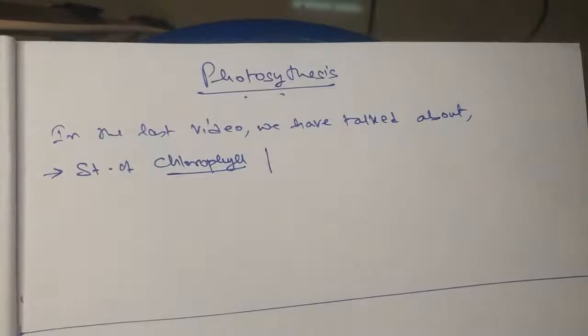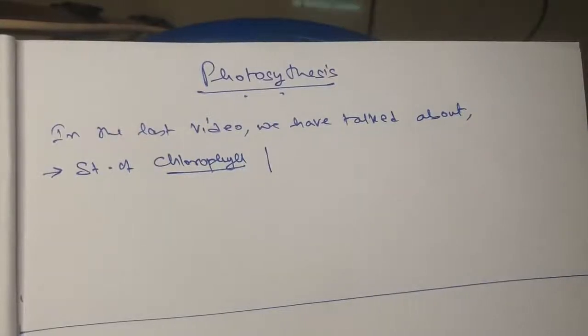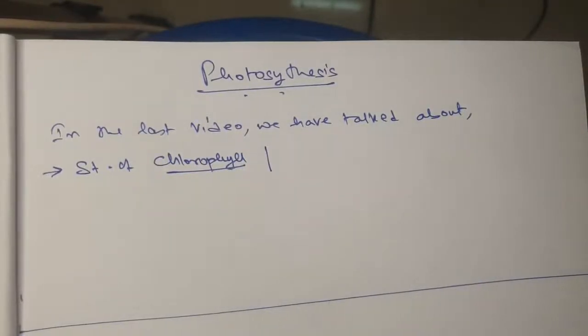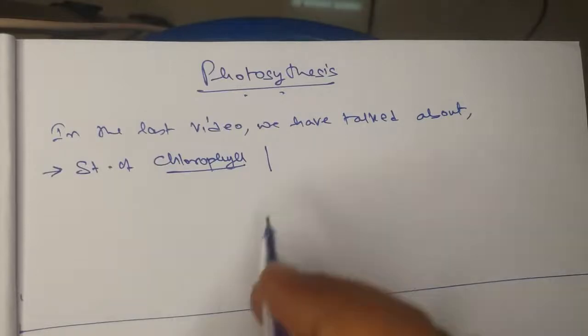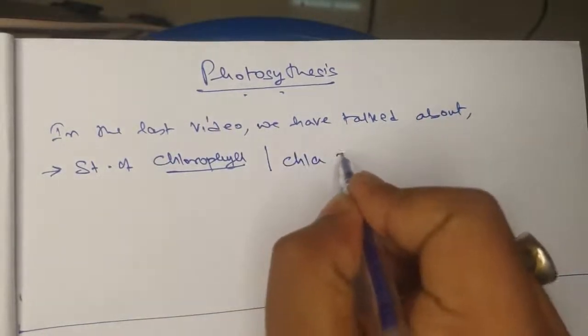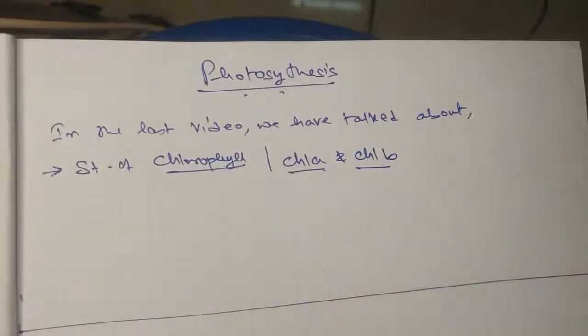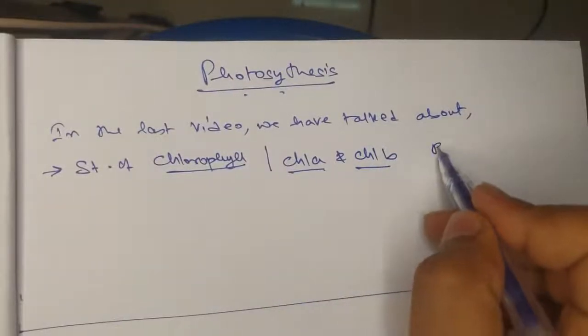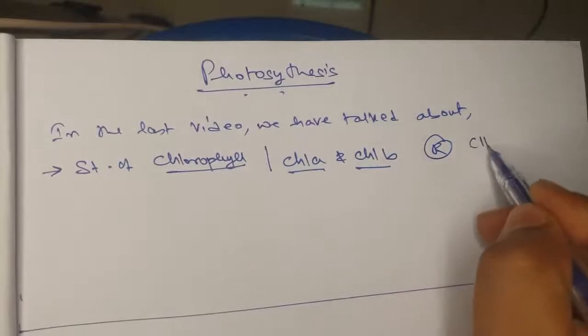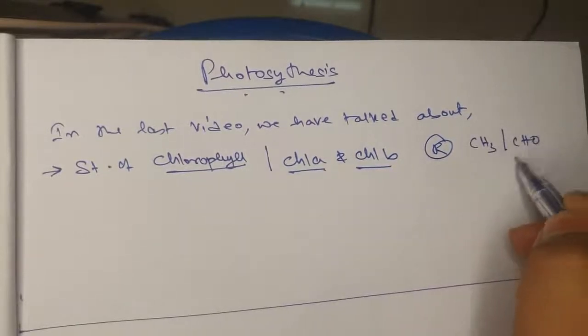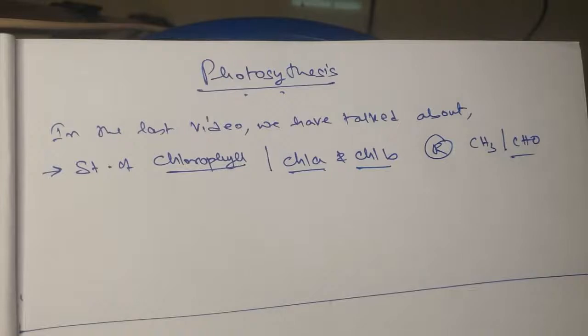I also taught you the difference between chlorophyll A and chlorophyll B. You remember the R group: one has the CH3, the other has the CHO, and hence they were different.